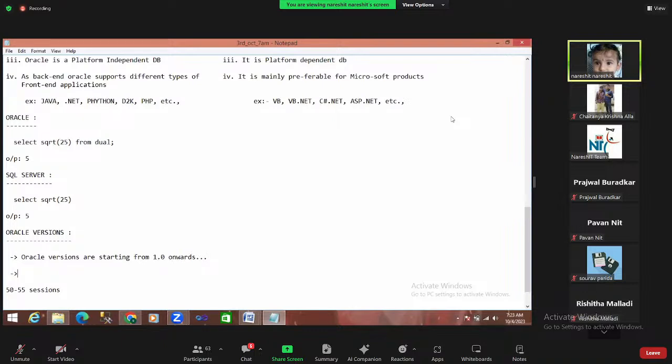But from 1.0 to 5.0, all are trial versions, guys, not commercial versions. Commercial version means if any software is introduced to the market for commercial purposes, that is called commercial software. But Oracle from 1.0 to 5.0, all are trial versions, not commercial versions.